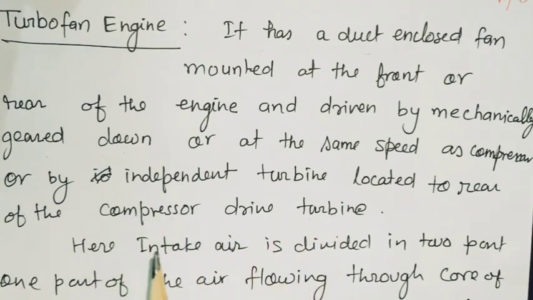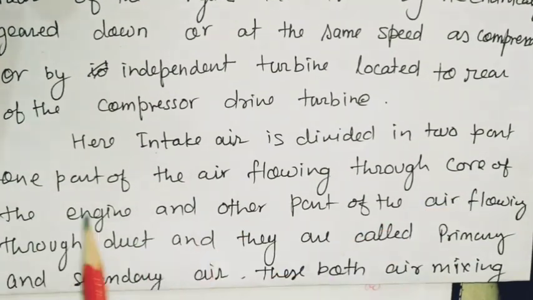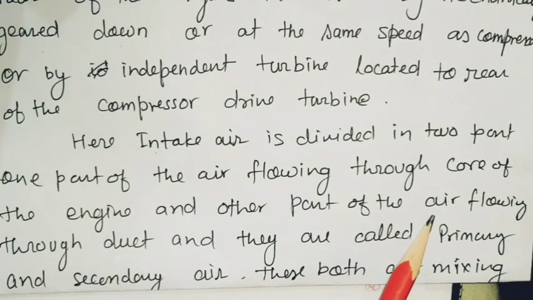Here intake air is divided into two parts. One part of the air flows through the core of the engine and the other part flows through the duct, and they are called primary and secondary air.